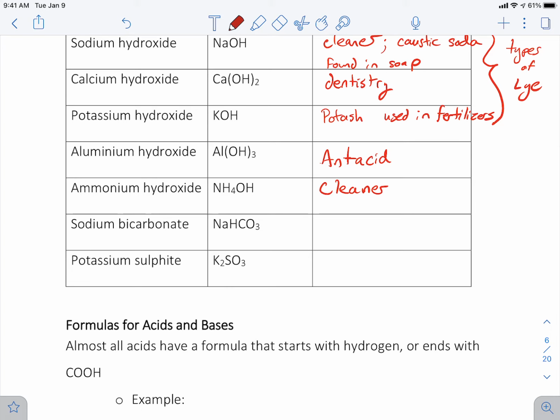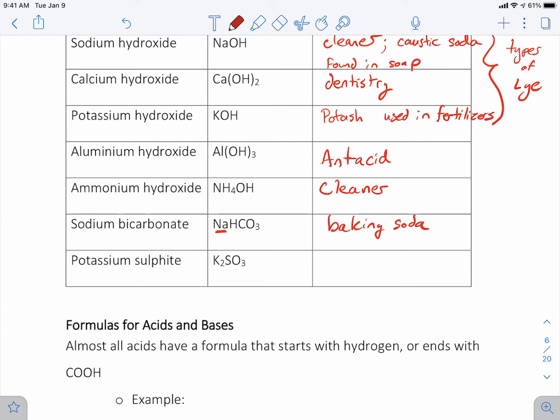And then sodium bicarbonate is a fun one. This is baking soda. And the soda part refers to the sodium in that. And so we add it to cakes. The carbon dioxide that it forms is responsible for adding the air pockets in your foods to cause the rise of your bread and things like that.